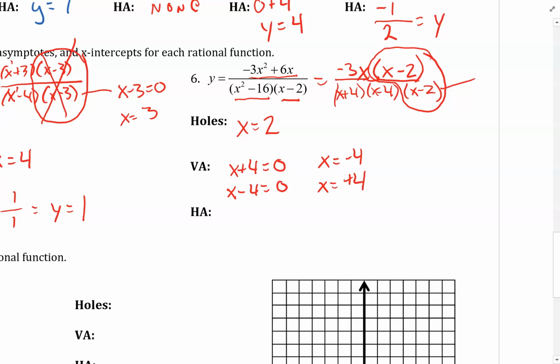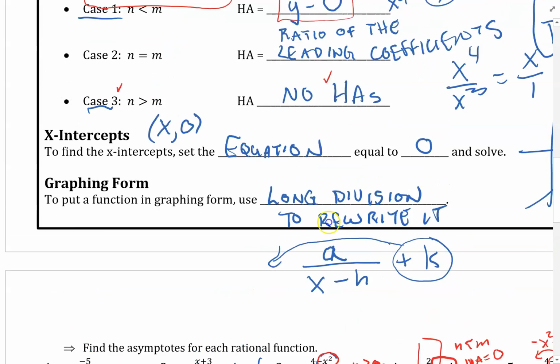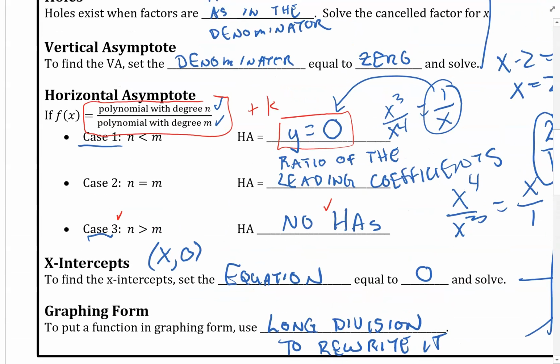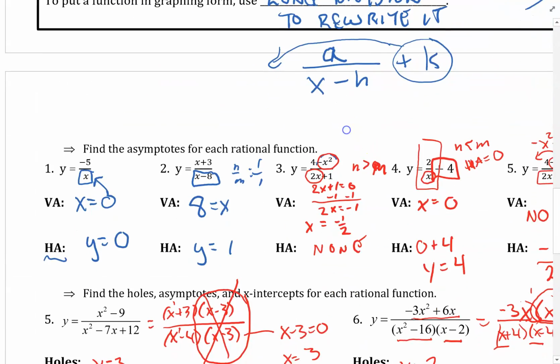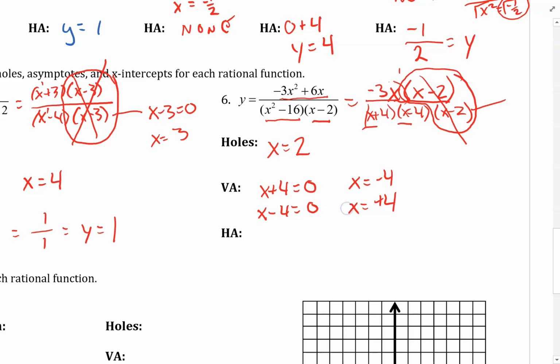Horizontal asymptote, we're going to take a look at our powers. So I have x to the first power on top, and x squared on the bottom. Taking a look back at our table, we see that n is less than m. Therefore, our horizontal asymptote is at y equals 0.